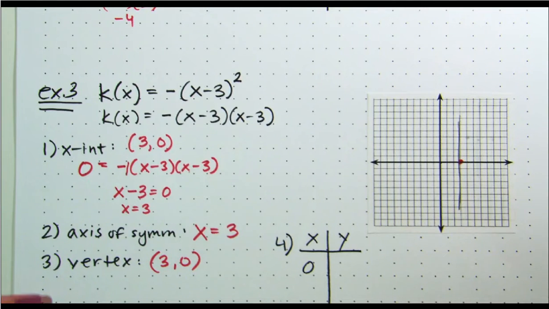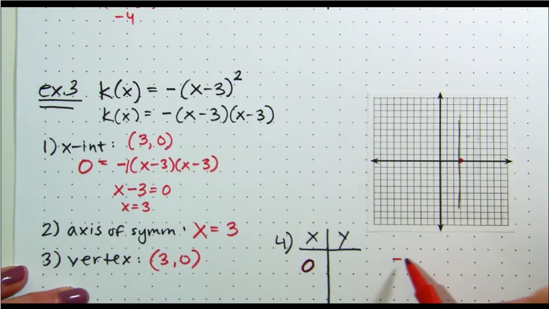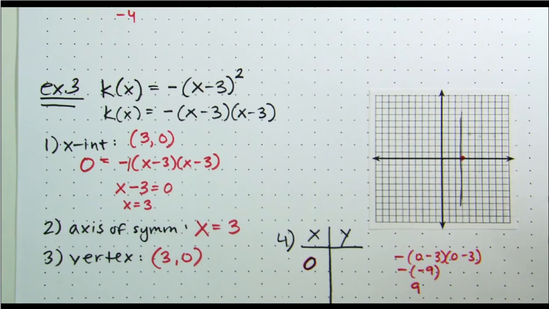So if x is 0, I do the math, just replace the x with a 0. We get +9.